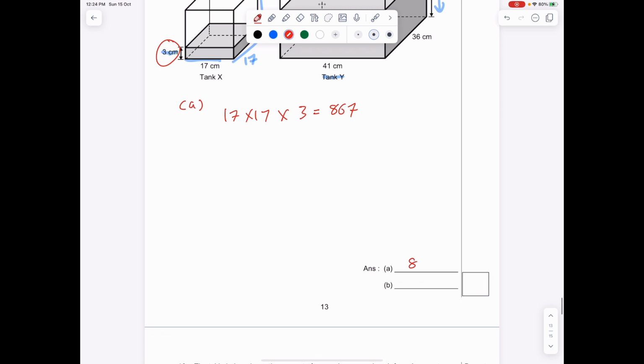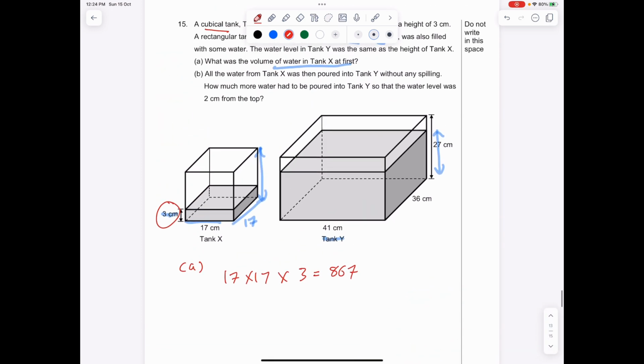Be careful to write your units, cm cube. Now, they say all the water in tank X was poured into tank Y without any spilling. How much more water had to be poured into tank Y so that the water was 2 cm from the top?